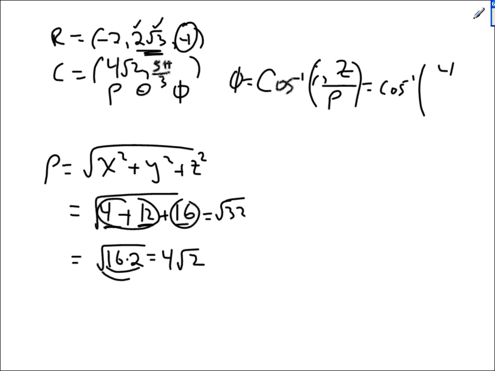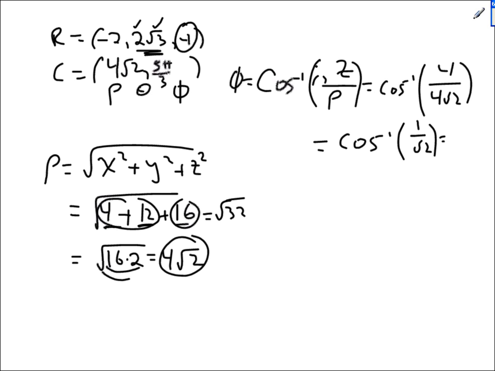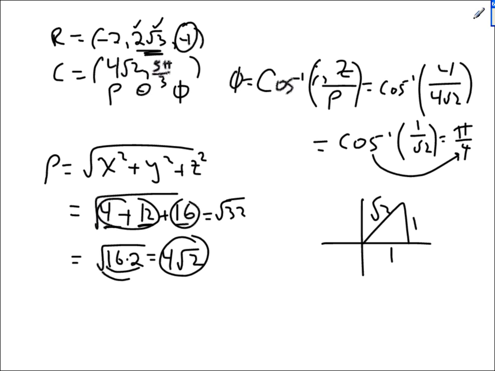Z is 4, and rho is 4 square root of 2. So it's the cosine inverse of 1 over square root of 2, which I think you should know is 45 degrees. The cosine of 45 degrees is adjacent over hypotenuse, 1 over square root of 2. So it is pi over 4.